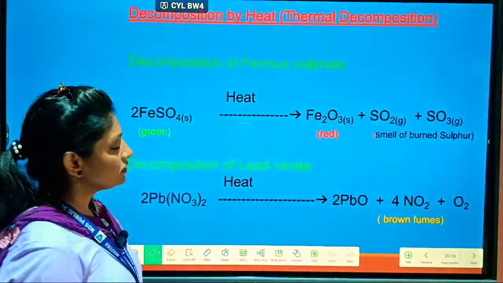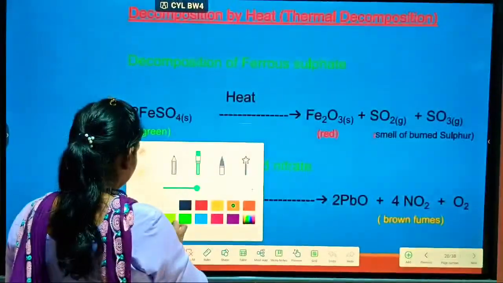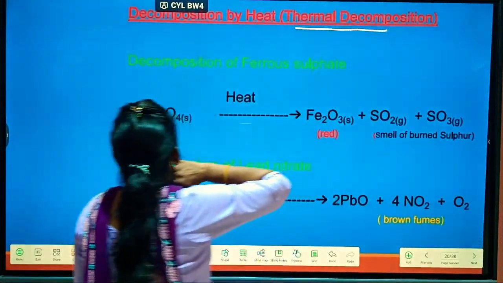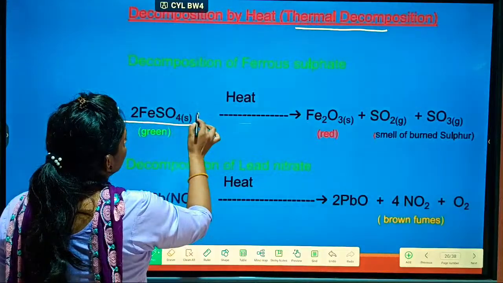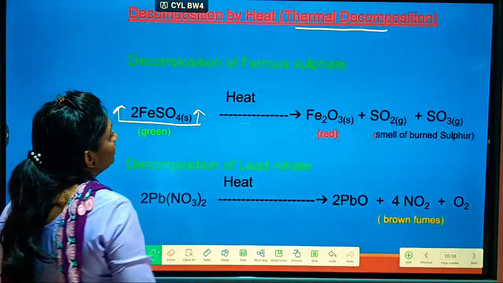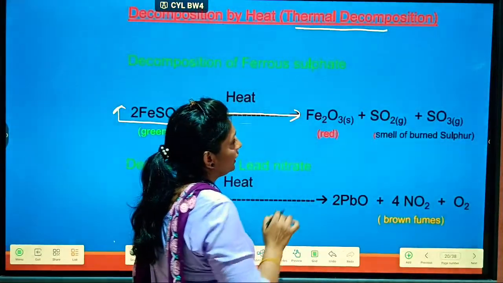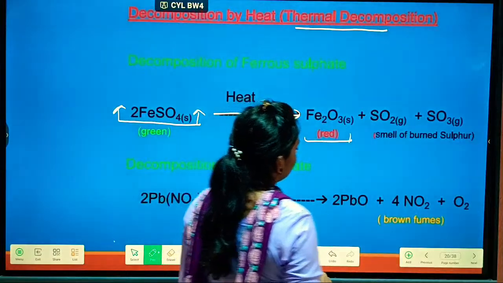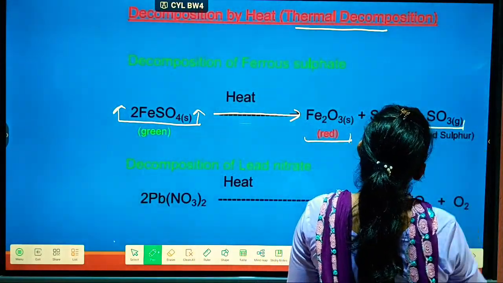You can see some more examples, students. Decomposition by heat, thermal decomposition. Like if you have ferrous sulfate, FeSO4, if you heat this, then you will get Fe2O3, ferric oxide, sulfur dioxide plus sulfur trioxide.